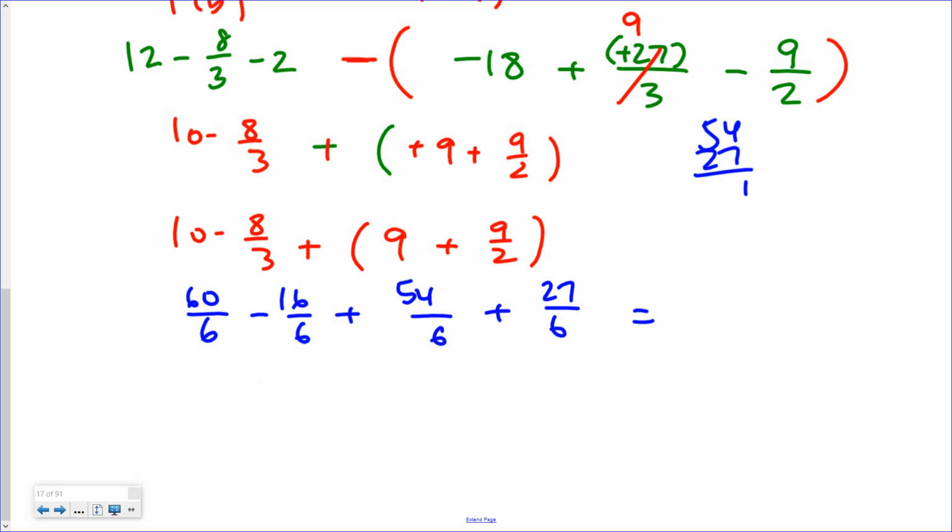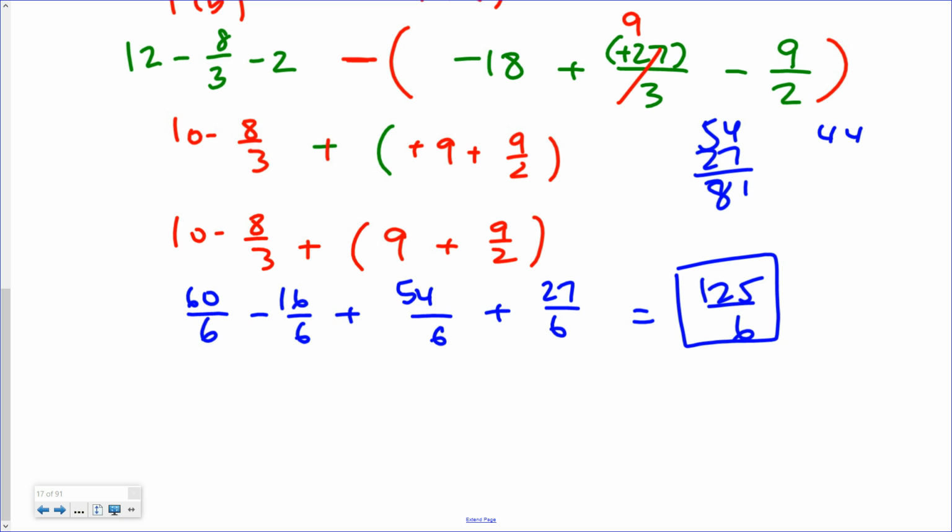Okay. 60 minus 16 is 44, right? No, that's not right. I'm getting 115, but I don't think that's right. 54 plus 27 is 81, oh, this is 8. So then 125, there it is, over 6. Okay, and there's your answer.